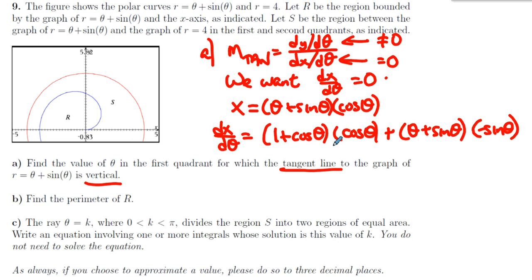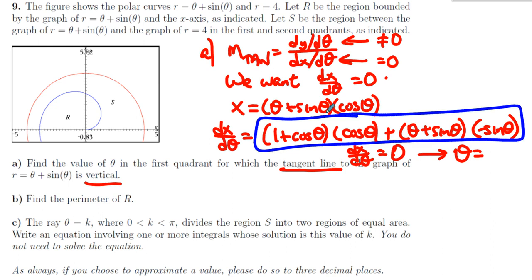And we want to know when this is 0. So how do we find when this is 0? We put this into our calculator in function mode, where we make all the thetas x's because we're in function mode, and then we find where that curve hits the x-axis.